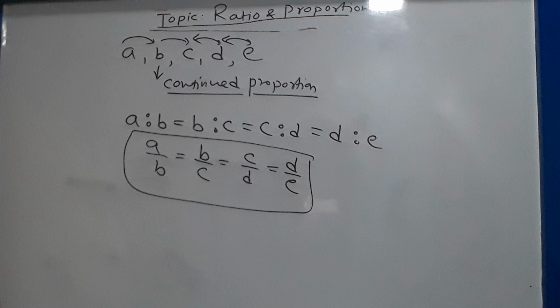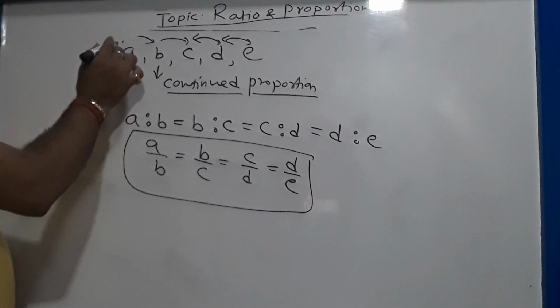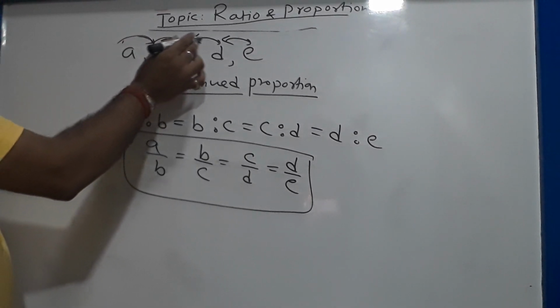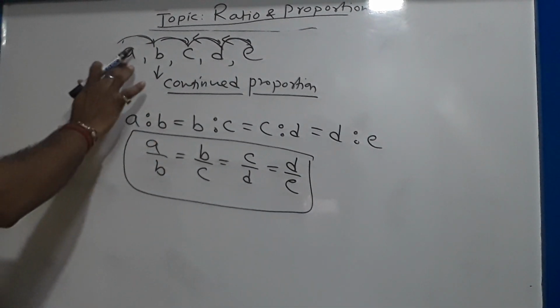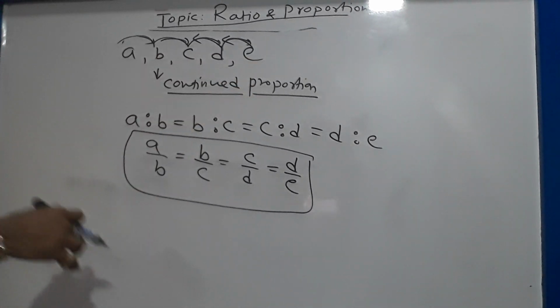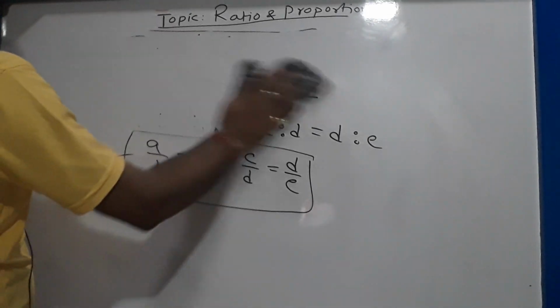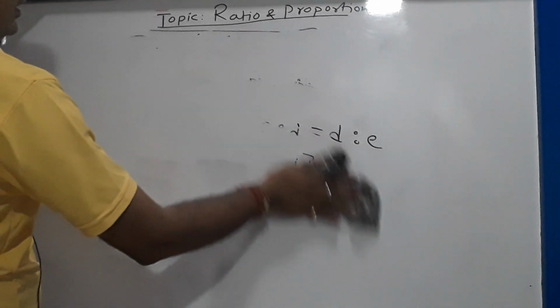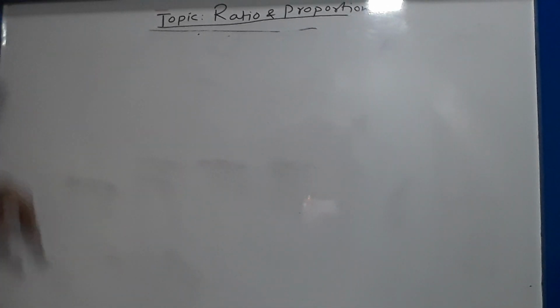If five numbers A, B, C, D, E are in continued proportion, then A ratio B is equal to B ratio C is equal to C ratio D is equal to D ratio E. Is it clear? So whenever numbers are given in continued proportion, without jumping any number, we take the ratios.